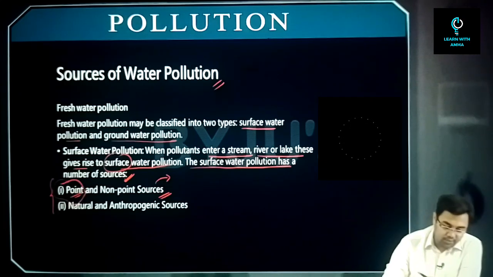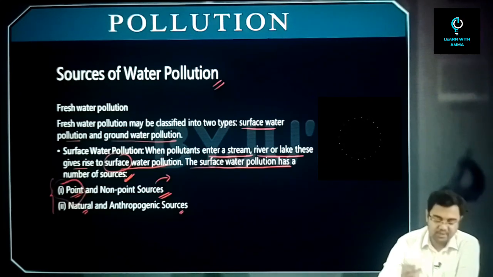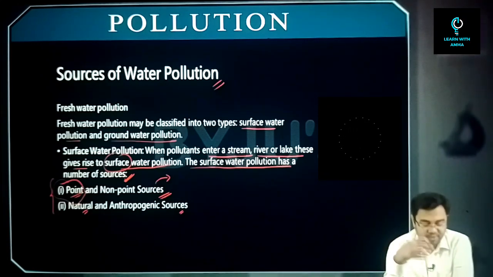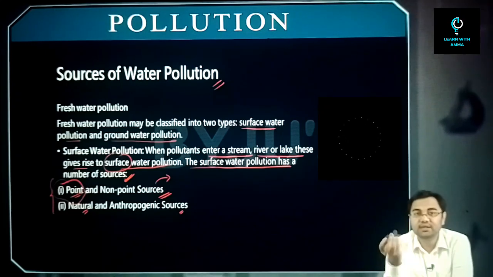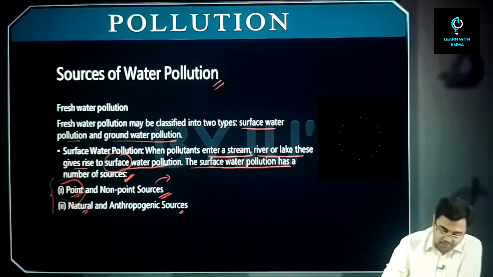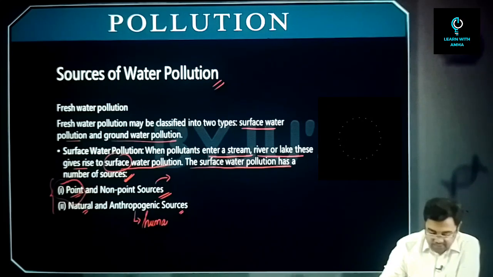Then after that you can have natural and anthropogenic sources. As the name itself suggests, a natural source is called natural, and anthropogenic is something caused due to human intervention.